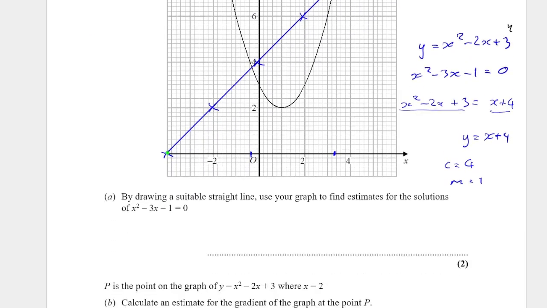So reading off from my graph, that's going to be 3.3. So 3.3. X is equal to, and then I'll put my negative in first, which I'm looking at being minus 0.3.